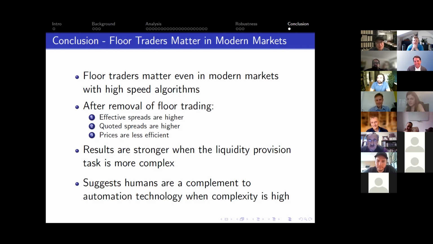A very naive interpretation of the result is that we treat humans and machines equally, just the same thing. If you reduce the number of market makers, we interpret all of them as market makers, so the direct result is that you reduce liquidity provision, giving you higher spreads and all these kinds of results.